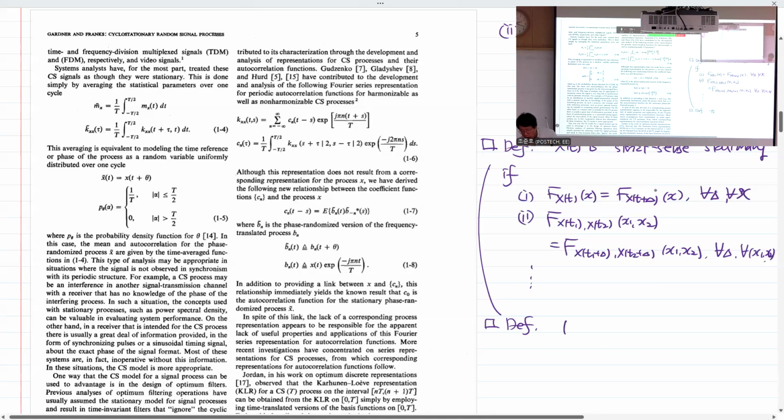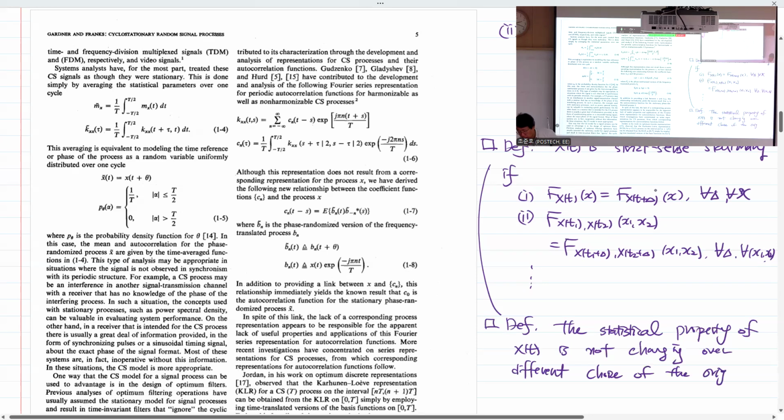The statistical or probabilistic property of x of t is not changing over different choice of the origin, which means t equals 0.